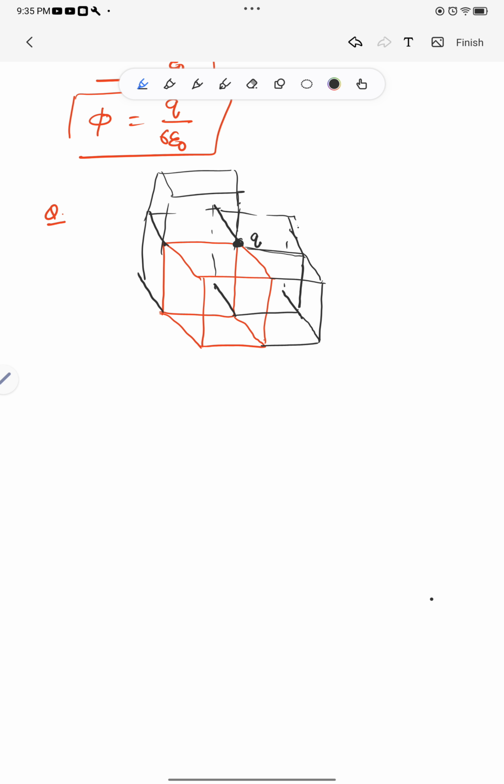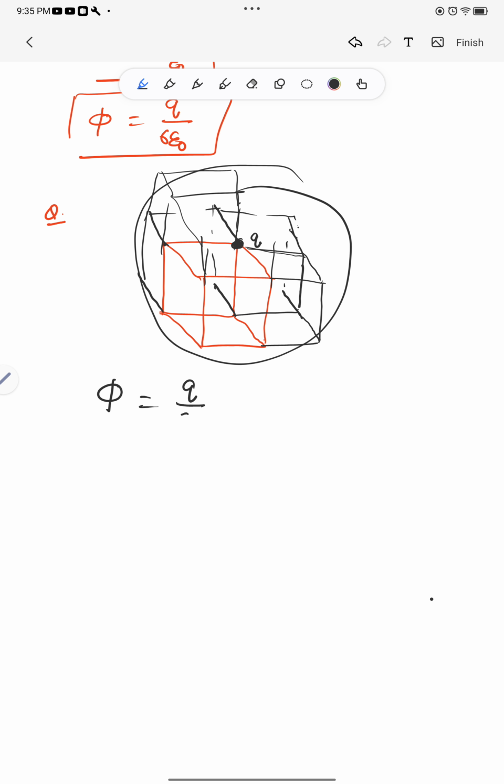Then, through the total larger cube, the total flux will be what? This total flux will be q by epsilon naught.